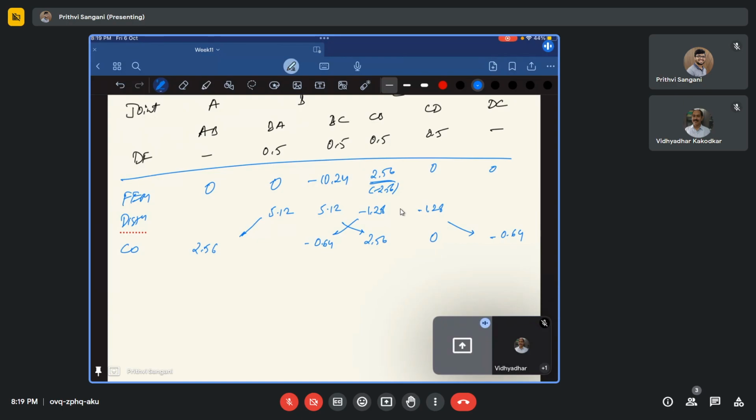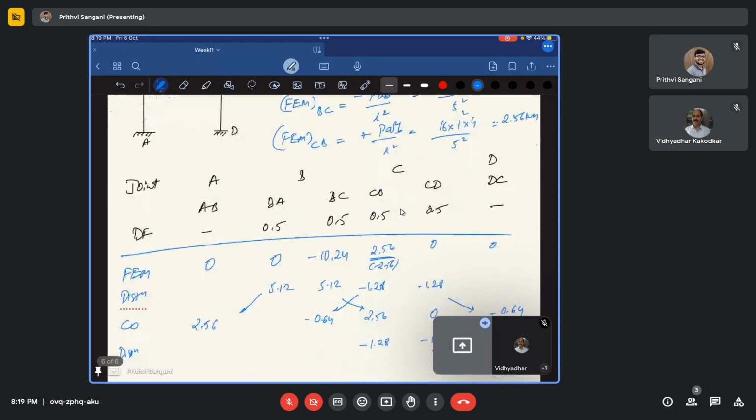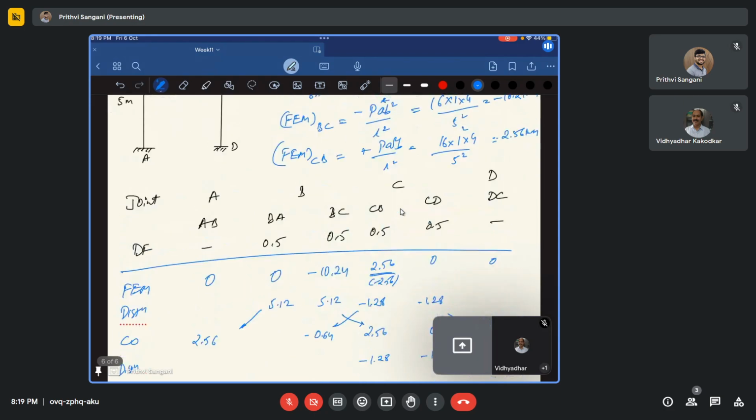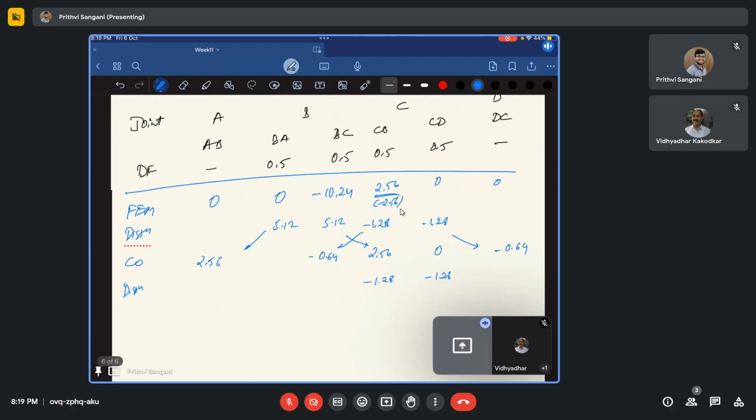So I'll have a distribution of minus 1.28 and minus 1.28 again. This is for BC and CD, CB and CD, so minus 1.28 and again minus 1.28.